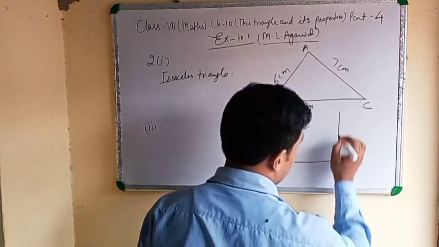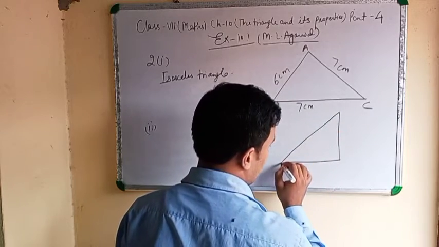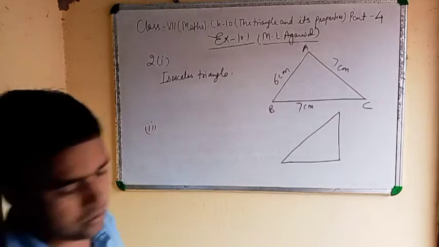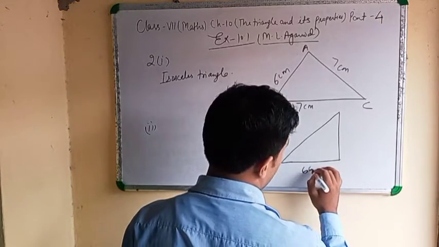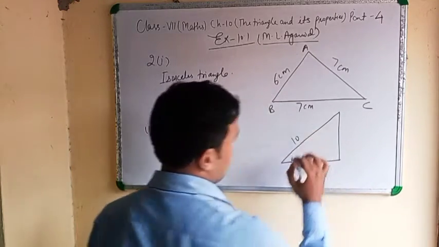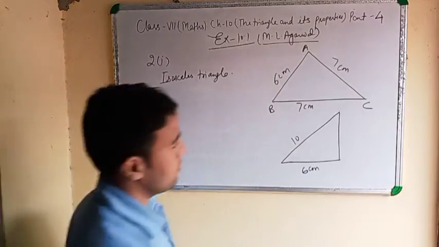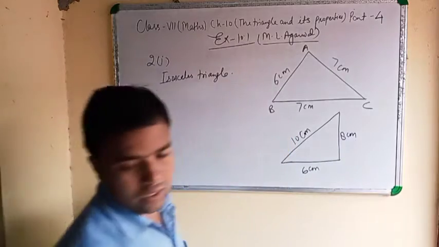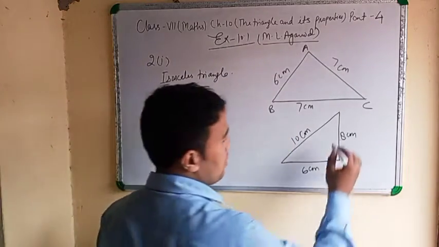The second one is given like this. It is 6 centimeter, it is 10 centimeter, it is 8 centimeter. Clear? Triangle LMN.